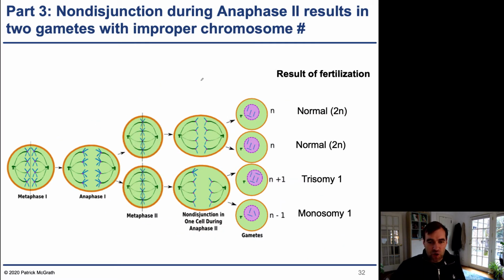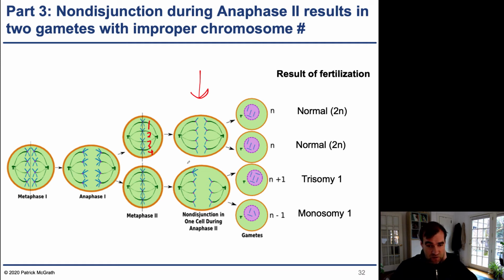If something went wrong during meiosis II, if you had a nondisjunction event in meiosis II, so meiosis I went okay, each of these has the normal number of chromosomes, 1, 2, 3, 4, and then 1, 2, 3, 4. So what happens in this cell? In one of these two daughter cells, you have a mistake during Anaphase II, and so the sister chromatids do not separate.